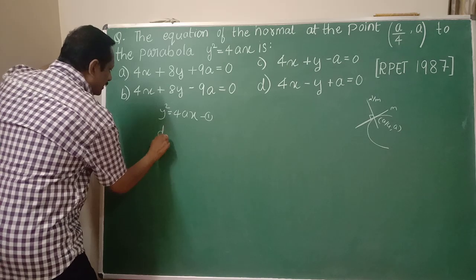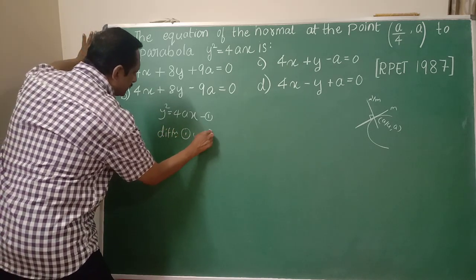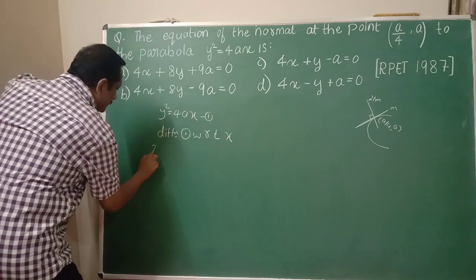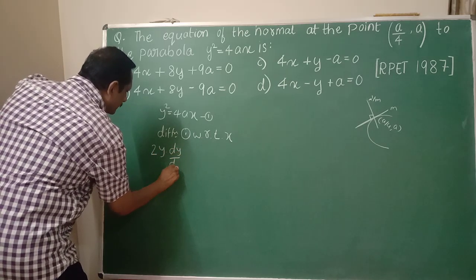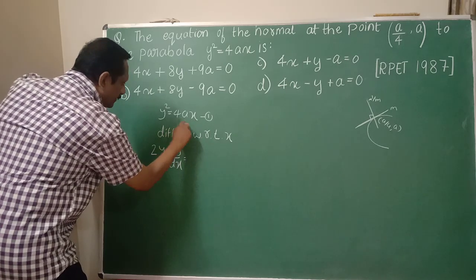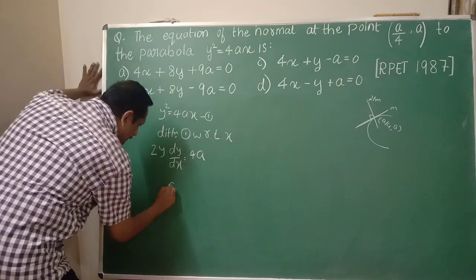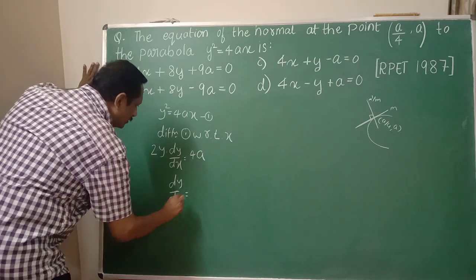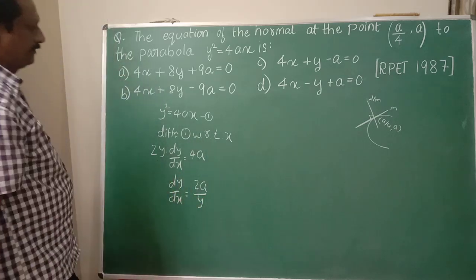Then differentiating equation 1 with respect to x, y square differentiation is 2y into dy upon dx, and 4ax differentiation is 4a. The 2s cancel. Hence dy upon dx is equal to 2a upon y.